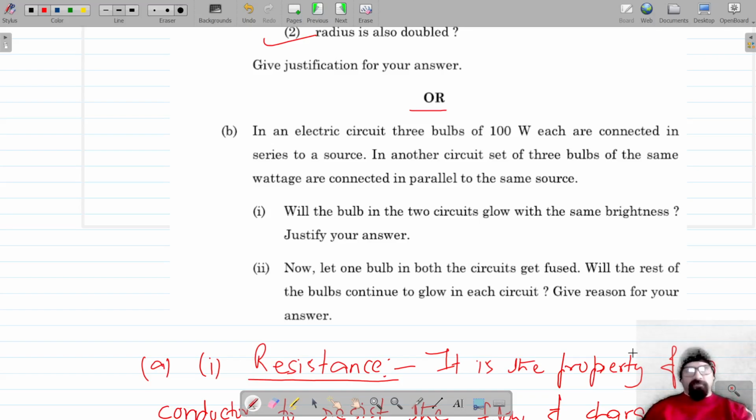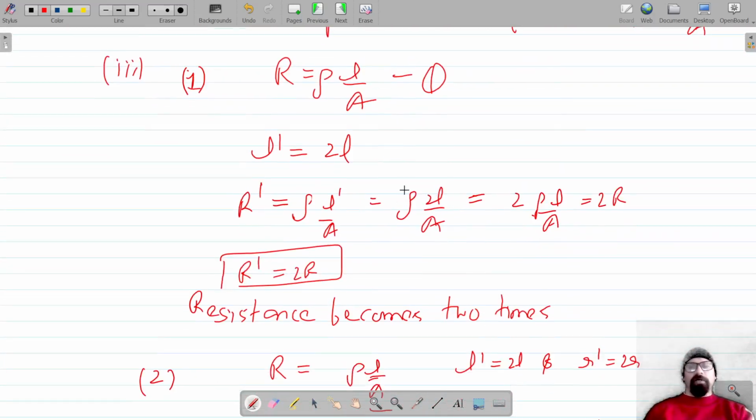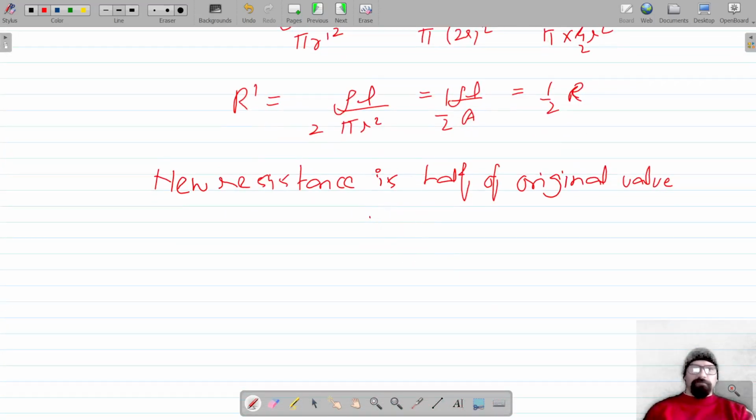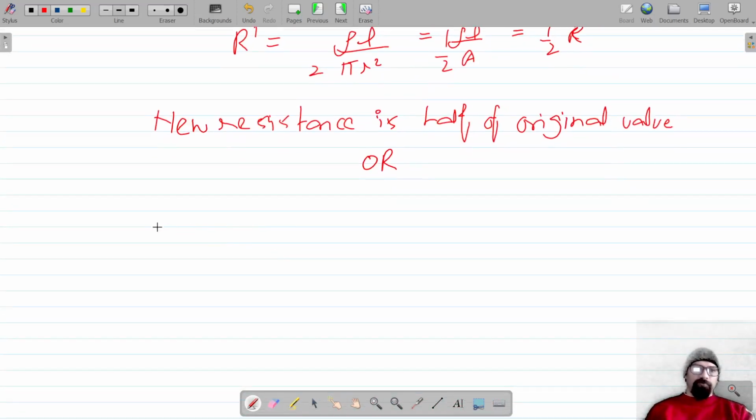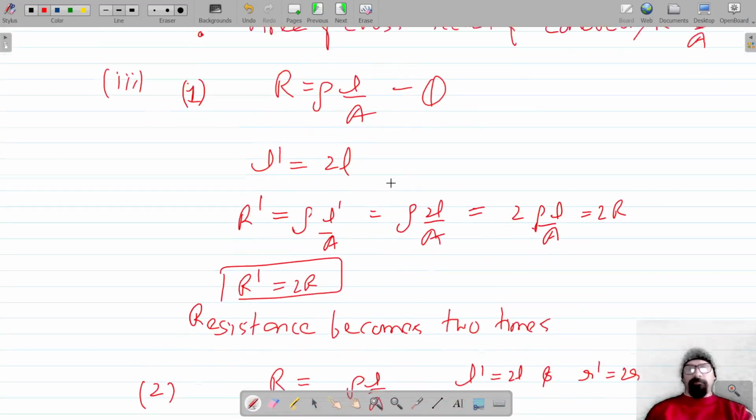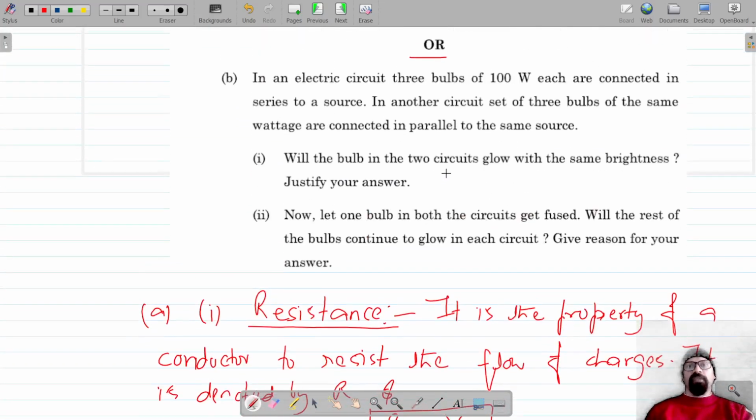So let's visualize what is given to us for the OR part. There is one circuit where a set of three bulbs are connected in series. So let this be one bulb, this be the second one, and this be the third one. So these are connected end to end, and we know that when they are connected end to end, the effective resistance increases. We have to keep that in mind.